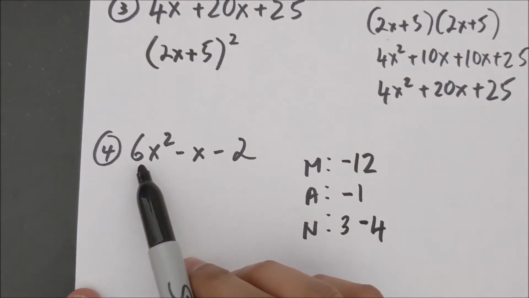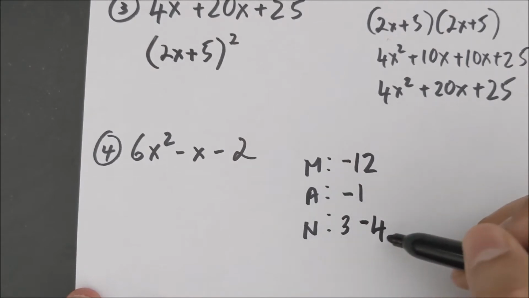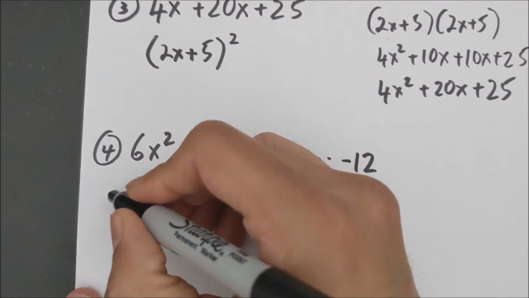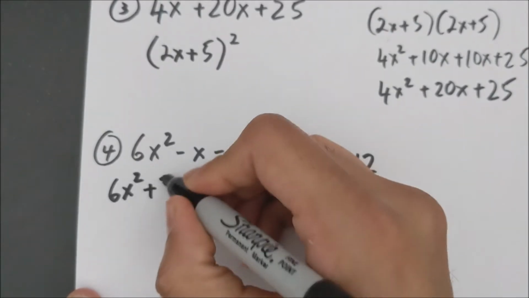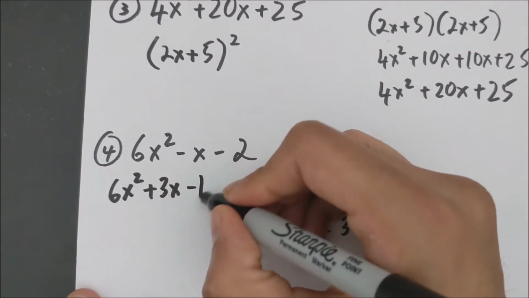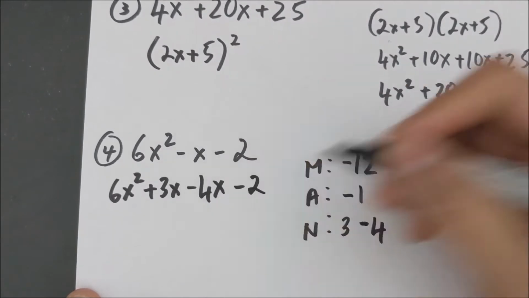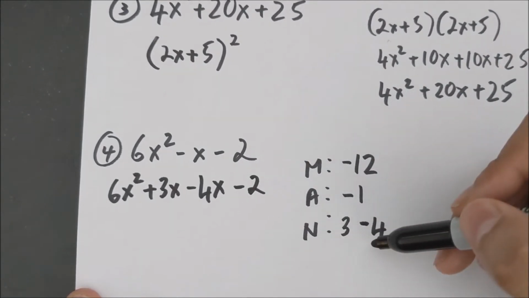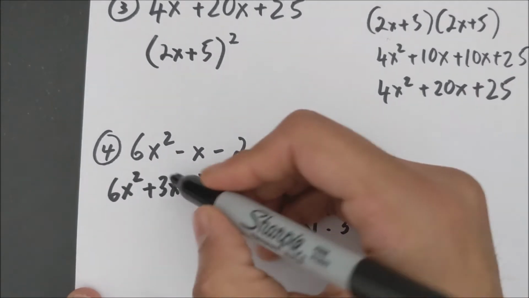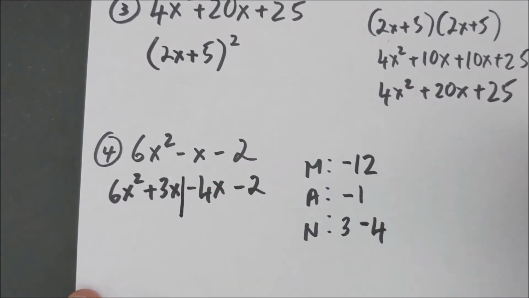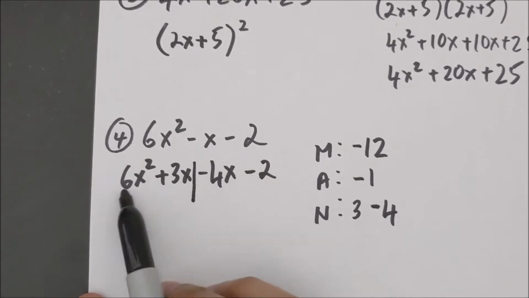Now since I have an a value, I can't just write x plus 3, x minus 4. I have to do further steps. I have to do decomposition. So 6x squared plus 3x minus 4x minus 2. I've basically used my two numbers to break that x down into these two. Next I'm going to put a small line over there. I'm going to factor this by grouping.